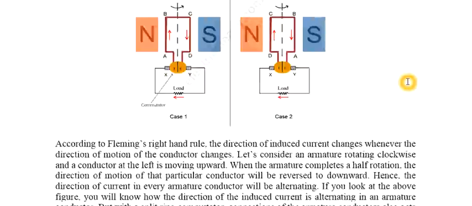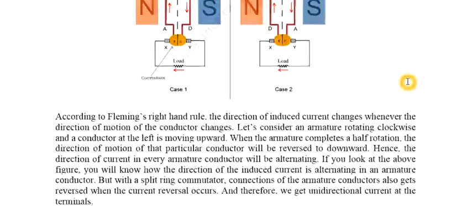So towards the north pole side, if you see in case 1, the direction of motion of the conductor is upwards. Towards the south pole, it is downwards. So hence the direction of current in every armature conductor will be alternating. If you look at the above figure, you will know how the direction of induced current is alternating in an armature conductor. That's how it is as per Fleming's right hand rule.